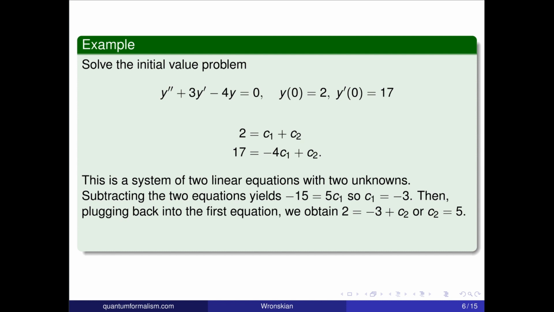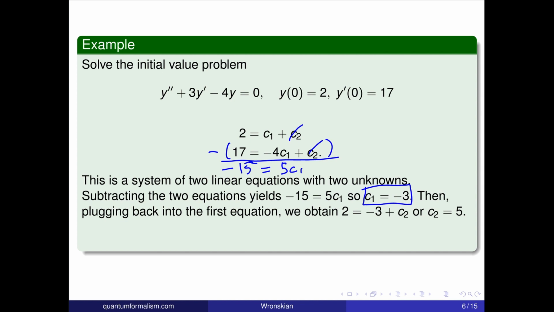Okay, so if we just subtract the two equations, that will cancel out the c2s. We'll get -15 on the left-hand side, and then a positive 5c1 on the right-hand side. So that tells us that c1 is equal to -3.